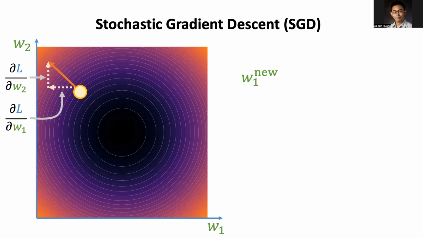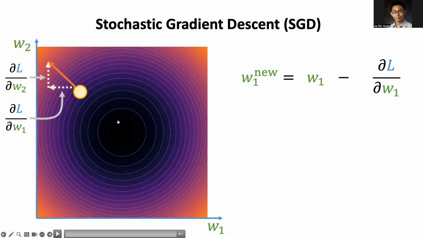The new parameters should be based on the old parameters and the gradients. If I move along the gradient direction, it will increase the loss. So the best thing we can do is to move along the negative direction, toward these directions. So I want to do this.